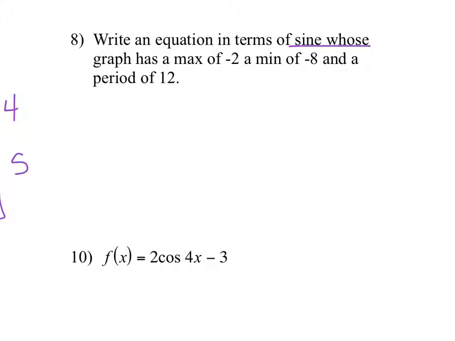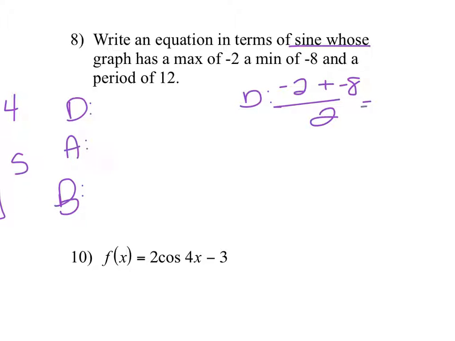Sine, so we want the same things. So max plus the min divided by 2. Negative 10 over 2, or negative 5.